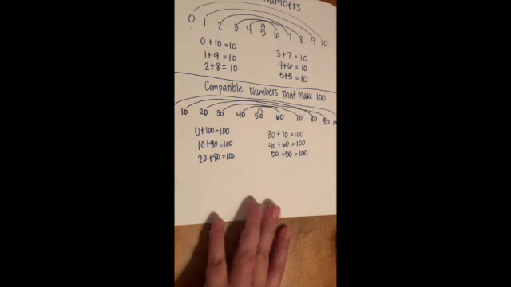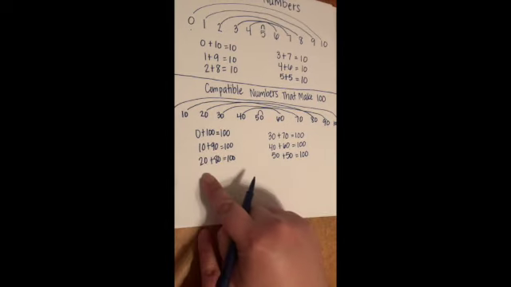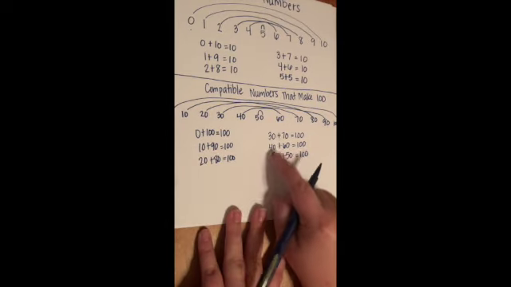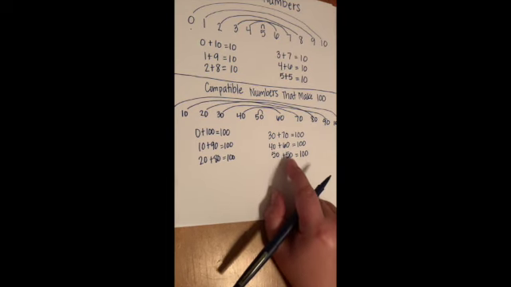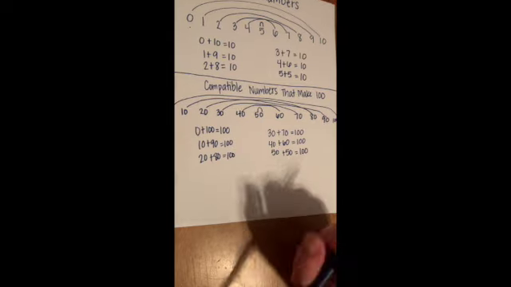So we would say that the numbers 10 and 90, 20 and 80, 30 and 70, 40 and 60, 50 and 50 are compatible because they help us make 100 quickly in our head.